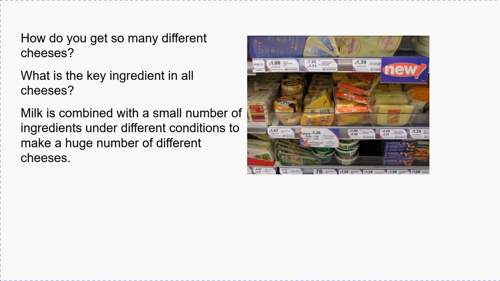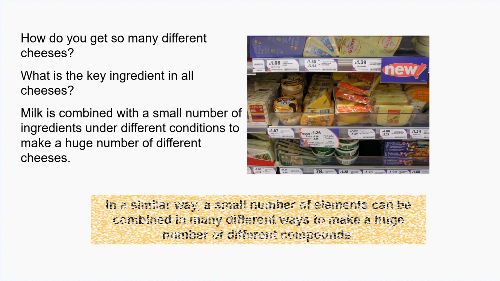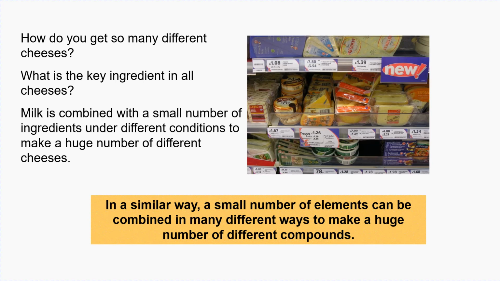But we can still end up with lots of different types because we put those ingredients together in different recipes, in different orders, in different quantities. So just the same way that we use the same basic ingredients to make all these different cheeses, all compounds, all chemicals are made from elements that are joined together in different recipes.